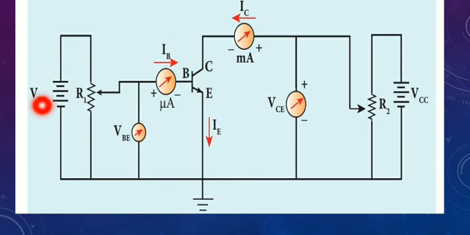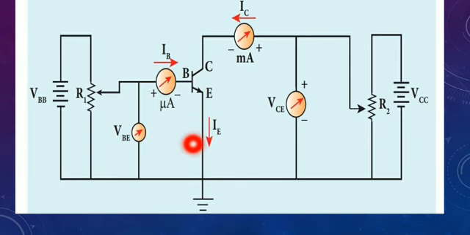The base is also connected to a microammeter in series, and in parallel a voltmeter measures the voltage between the base and the emitter.